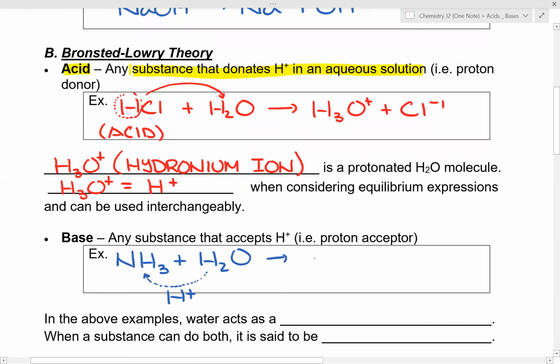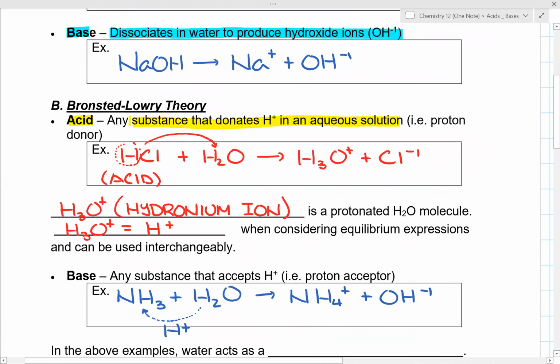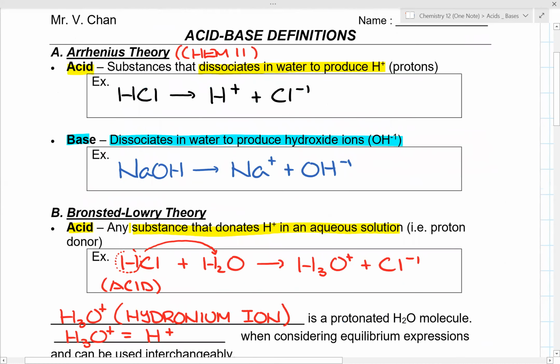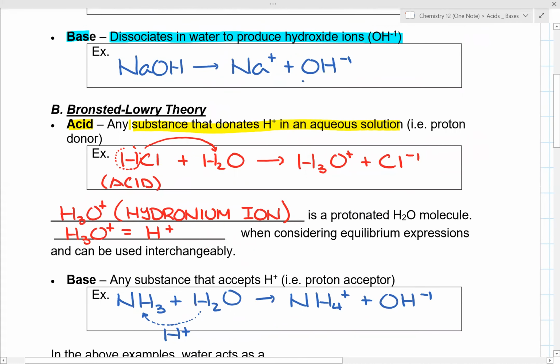And so what you get is NH4 plus and OH minus 1. Notice that this reconciles with the Arrhenius theory of a base. You are producing OH minus 1 using both definitions.